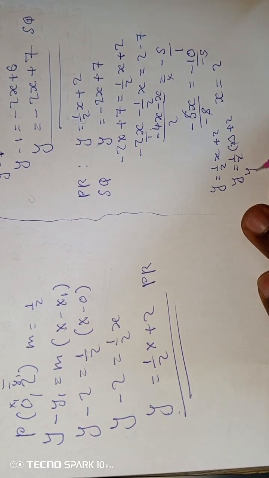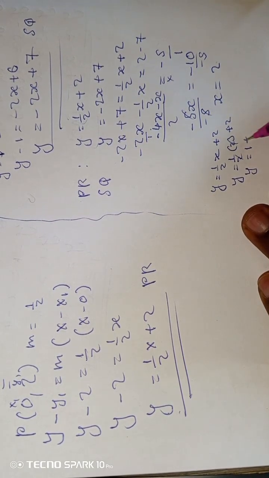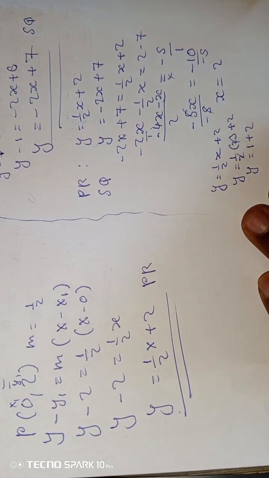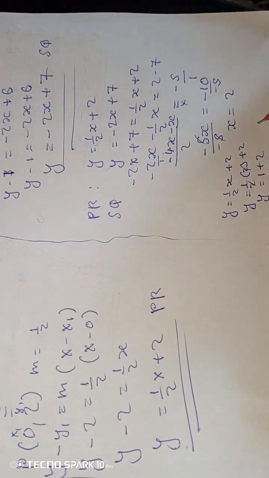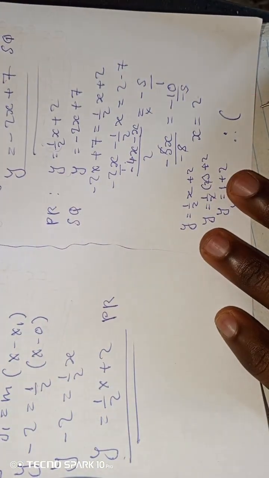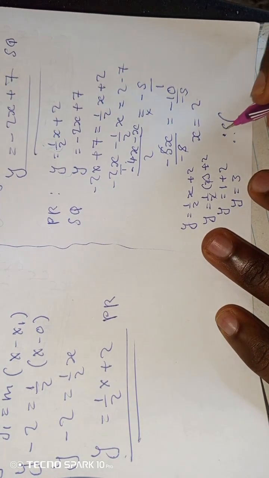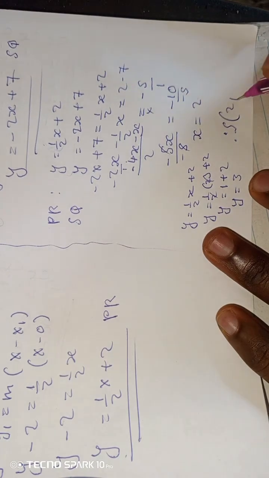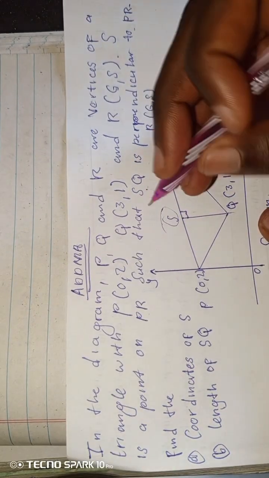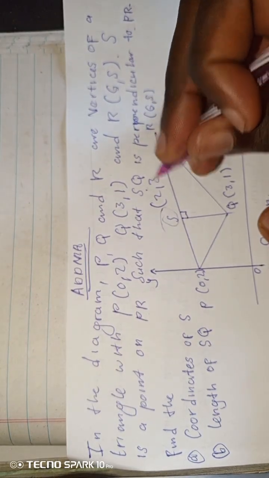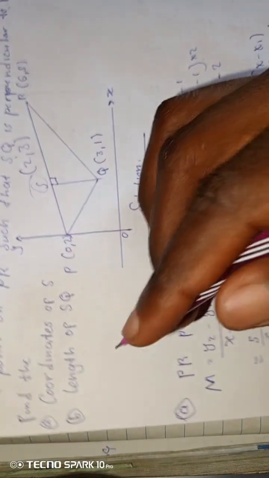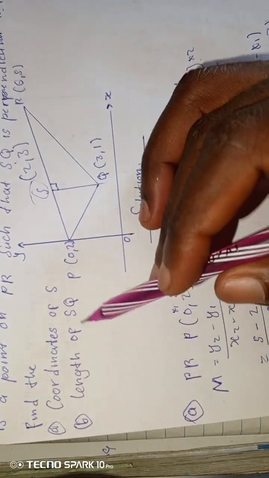So here we'll have y equals 1 multiplied by 1 plus 2. Then we have y equals 3. Then we can conclude and say, therefore, the coordinates for S are 2, 3. So now we have found the coordinates for S here, which is 2, 3.